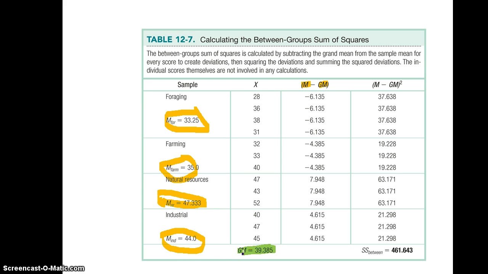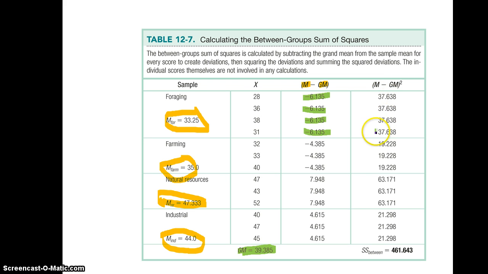For each participant in the group, we take the mean and subtract out the grand mean. So in this case, we have 4 negative 6.135s.